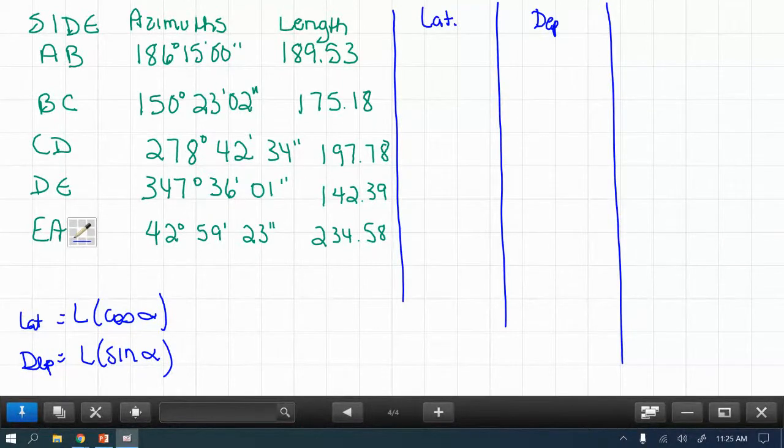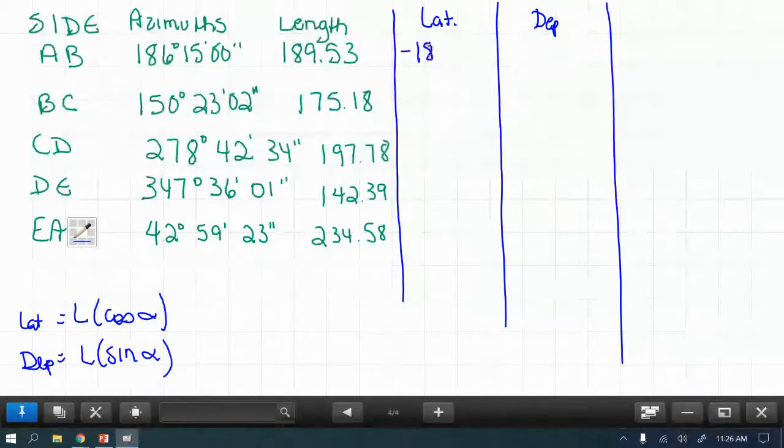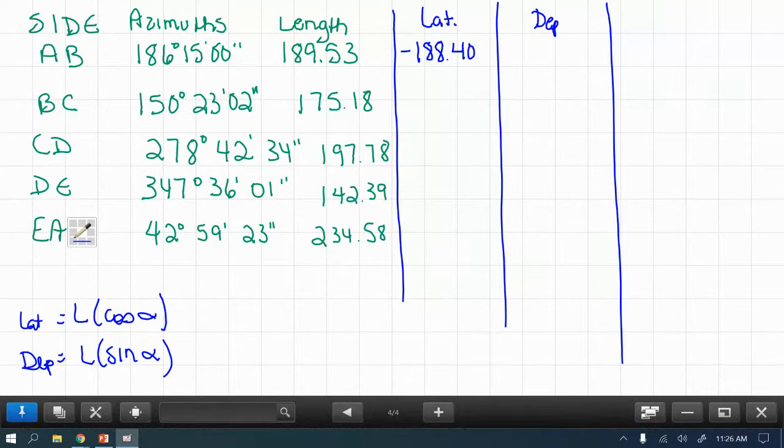And you want to keep your sign. So if it's a negative, you'll put a negative. If it's a positive, you'll put a positive. So I got a negative 188.403, and it would round up to 5, correct? Yes. Okay.